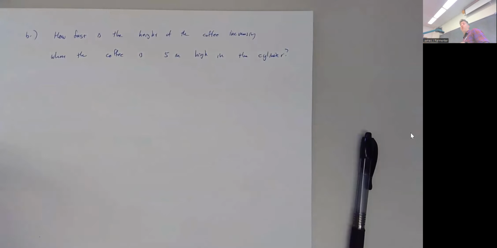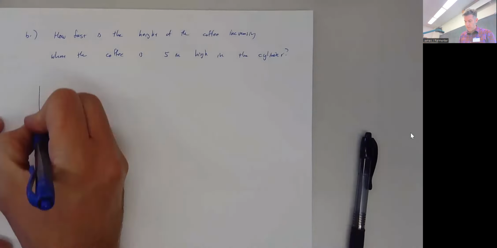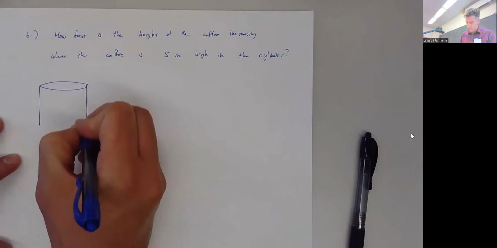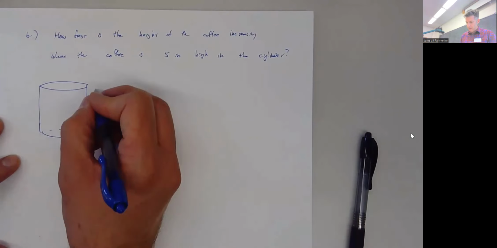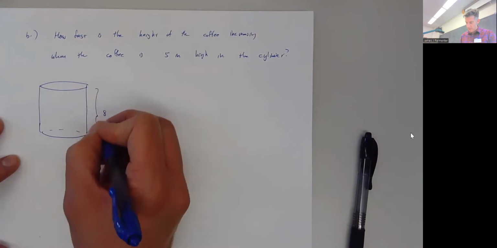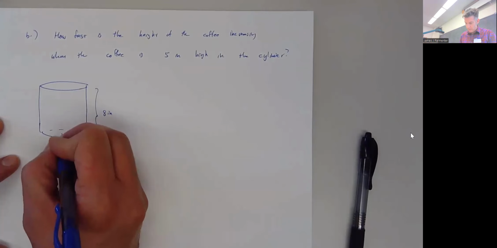All right, so we're still pouring coffee out of the cone into the cylinder at the same rate of change of the volume. So for this situation here in our cylinder, where the height is 8 inches and the radius is 4 inches.